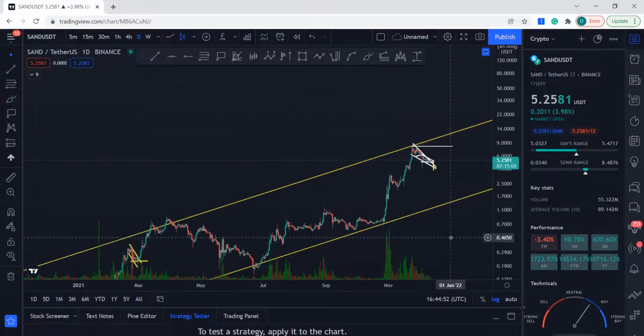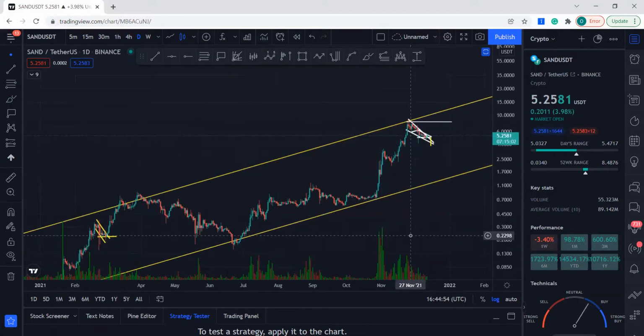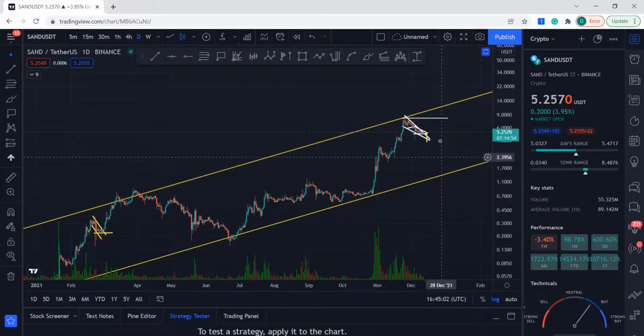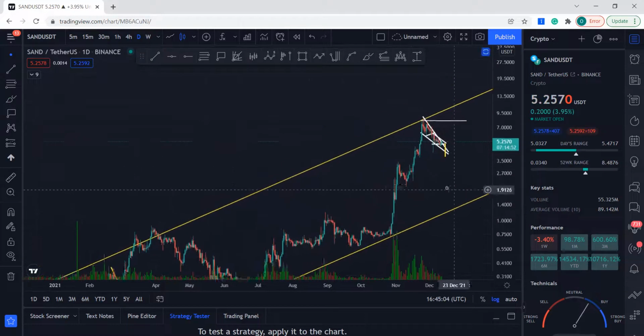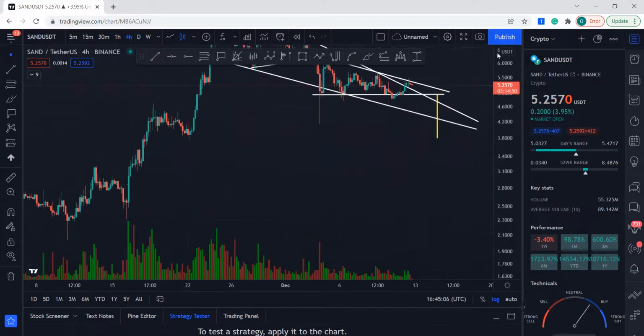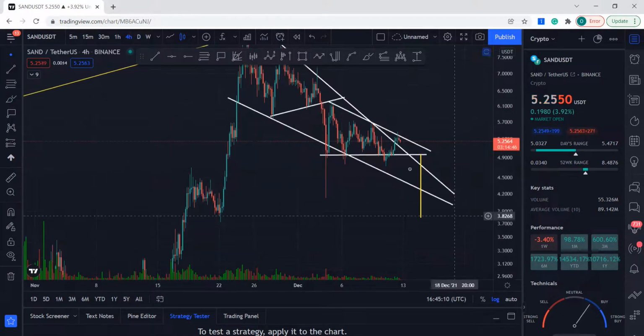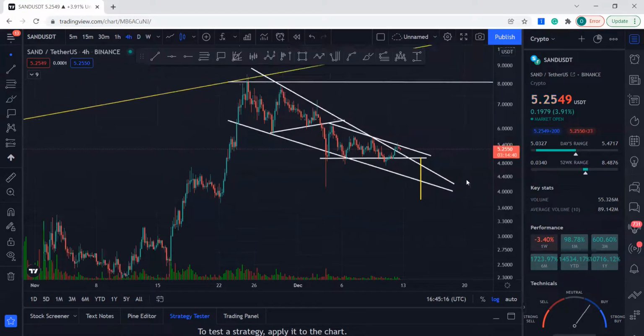This week is an important week for Bitcoin and for a lot of altcoins as well. So hopefully it can repeat this pattern and go to the upside, because if it comes down, then it's going to break this descending triangle and come down and maybe just break this support line as well for the wedge.